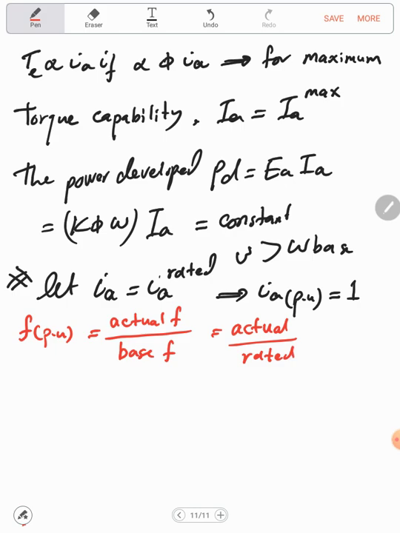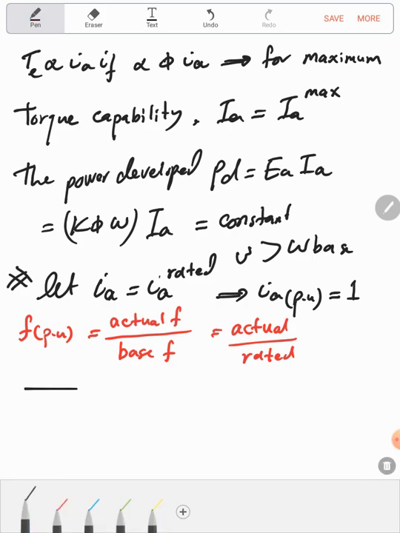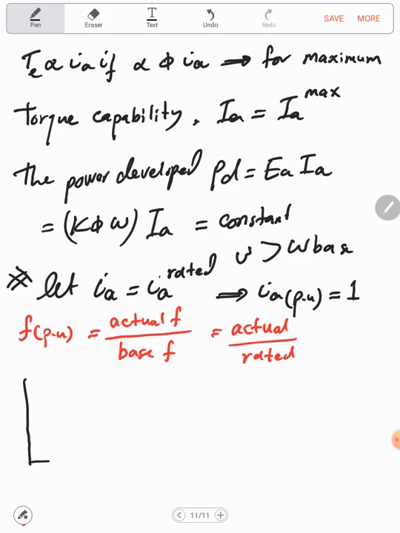So now I will plot for IA equal 1 per unit. So this is omega also in per unit. And because the current is 1 per unit, omega base will equal 1 per unit.